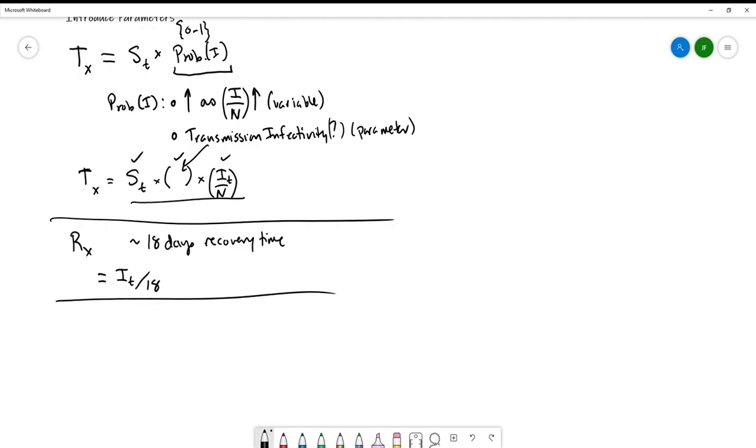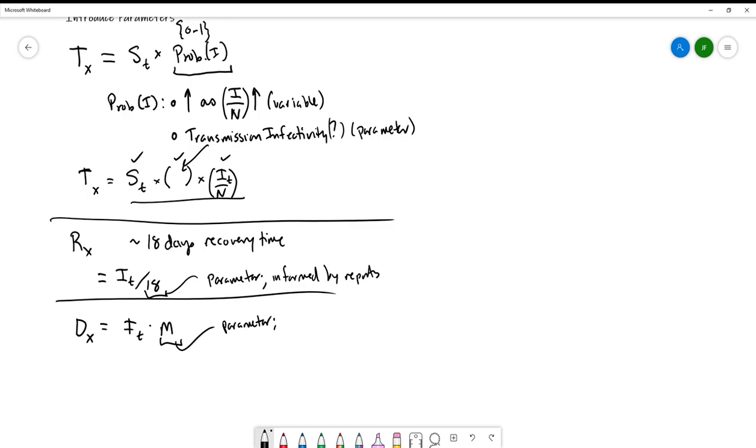The death rate has got to be some fraction of the people who are infected. So this will be some infected people at any one time times some mortality rate, and this is going to be another parameter. So this 18 days is a parameter, but it's informed by studies. This is a parameter that isn't actually particularly well known, nor is this one here.